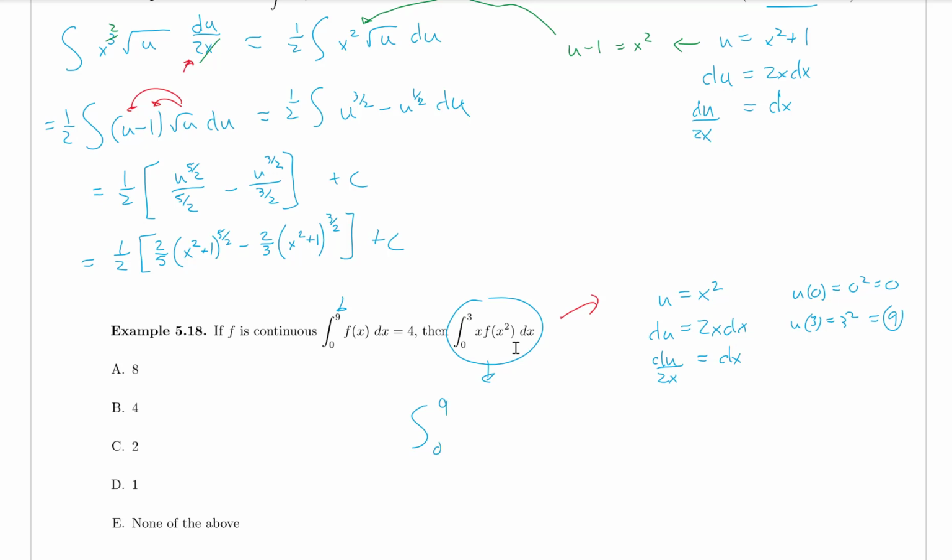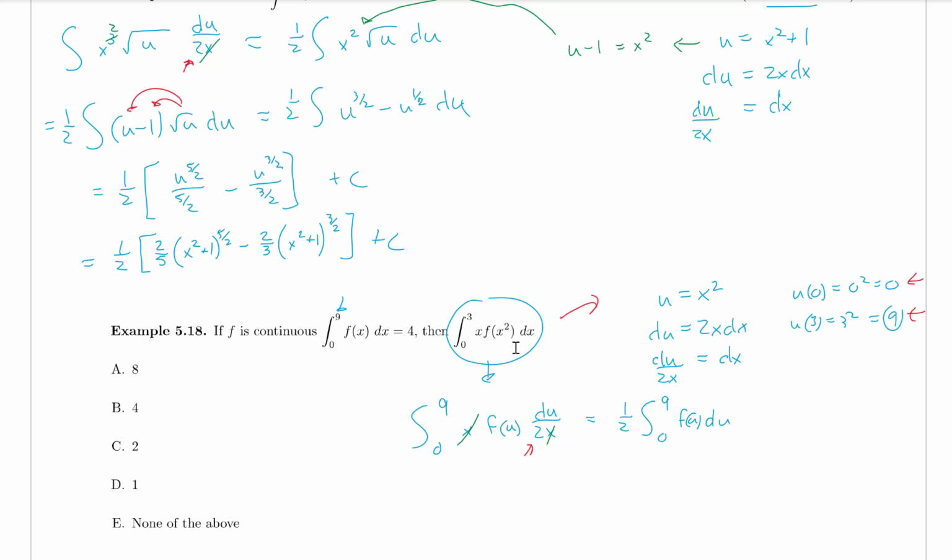So now we're finding the integral from 0 to 9 of, we're going to leave that x, and then we have f of u, and dx is du over 2x, and those x's cancel out. So we end up with 1/2, I'm pulling out that 2 in the denominator all the way out front, of the integral from 0 to 9 of f of u du.